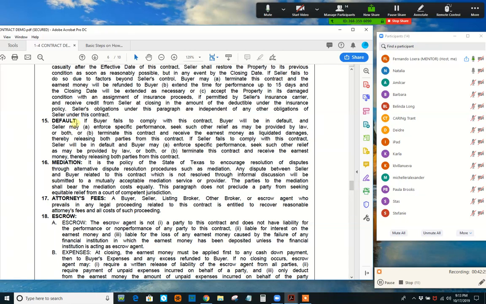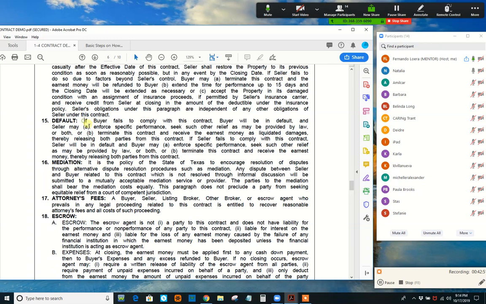And remember, here's the default. Have you read the contract? Here's the default right here. It tells you if the buyer fails to comply with this contract, buyer will be in default, and seller may enforce specific performance, seek such other relief as may be provided by law, or both, and terminate this contract and receive the earnest money as liquidated damages.